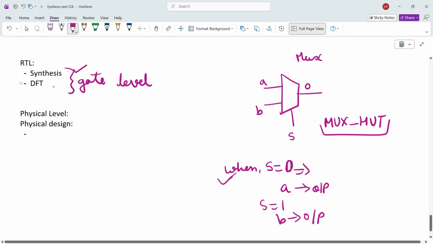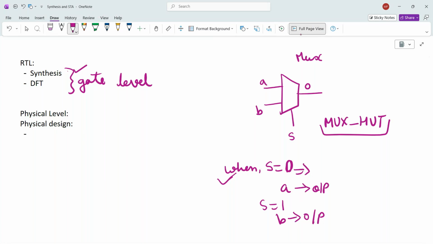In synthesis, after you convert the RTL into a synthesized netlist, you will not find any behavioral structure of any component. You will directly find the names of AND gate, OR gate, NOR gate, and so on, muxes, T muxes, whatever it is. But in synthesis also, everything is logical.